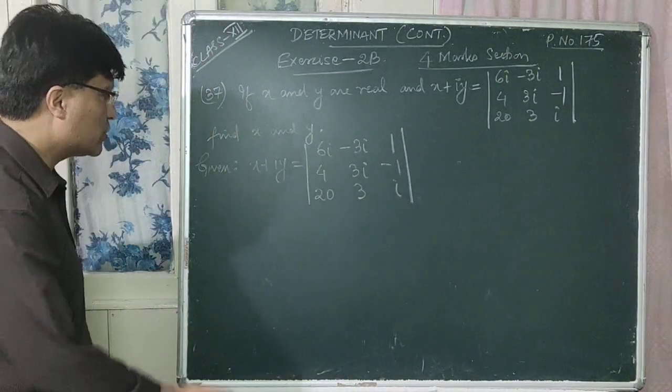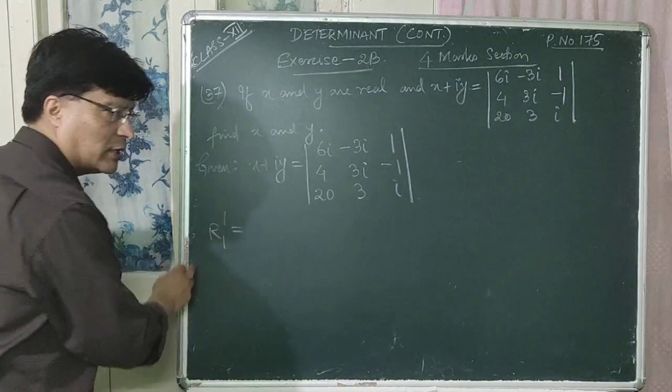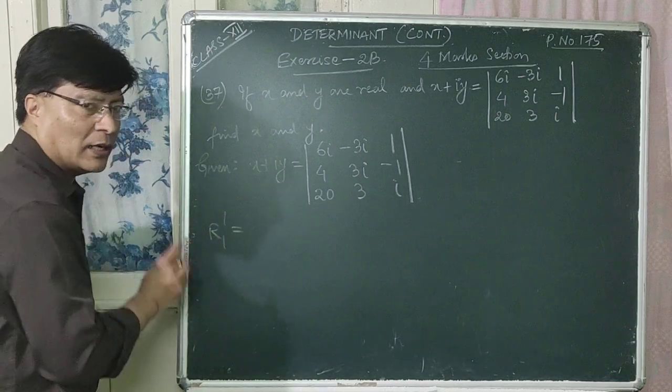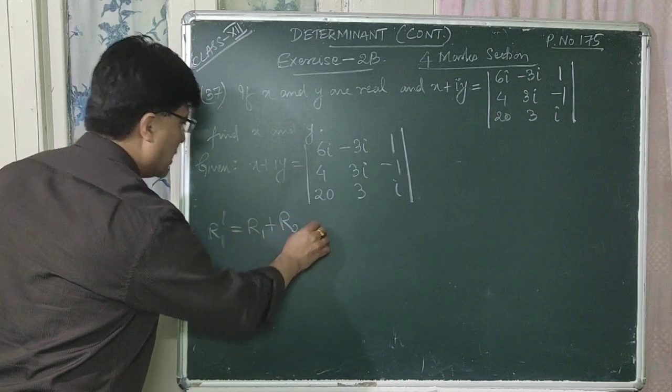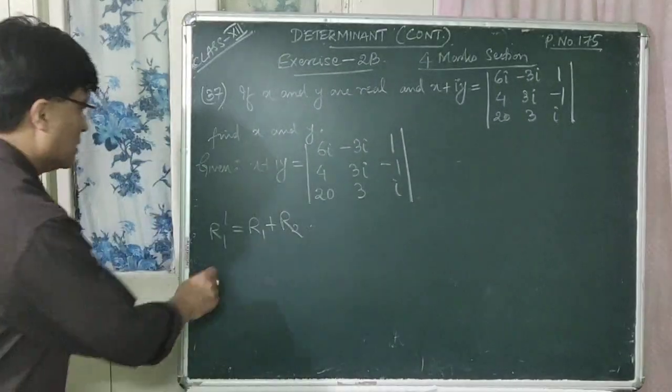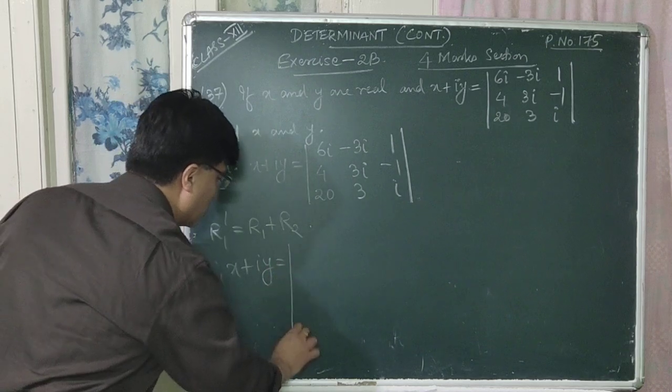Clear? So now let's use the property that is R1 dash, means row 1 is changing. This is R1 plus R2, right? So therefore, x plus iy is equal to, now row 1 is changing.